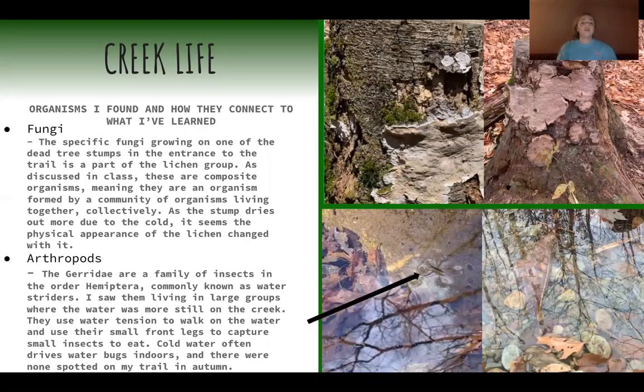All right, so we have fungi, specifically lichens. I found a tree trunk at the beginning of the trail that had a lichen on it. Basically, those are composite organisms. They're an organism formed by a community of organisms living together collectively, and they are working to live off of this tree trunk. The fungi specifically is being used to decompose it.